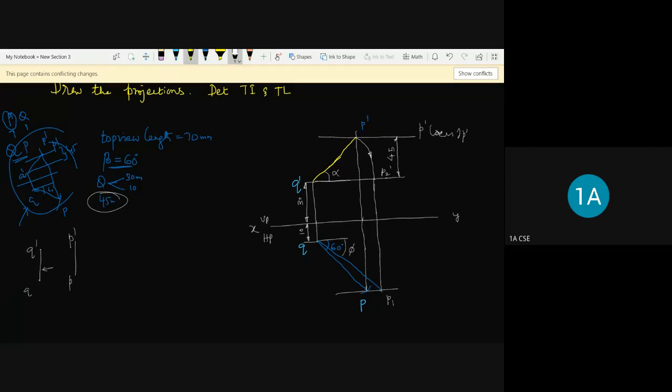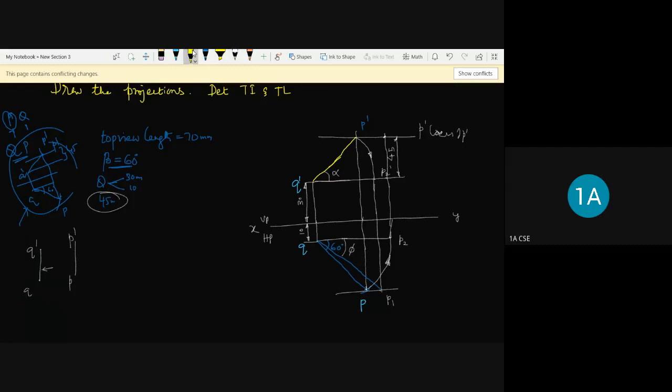Similarly, how are we going to get this P dash, Q dash, P1 dash? For Q dash P1 dash, we are going to rotate this QP such that it will be horizontal. So I got P2, going in reverse. Once you get P2, draw vertically upward so that it can meet this P dash locus.